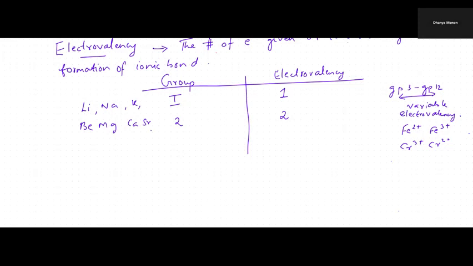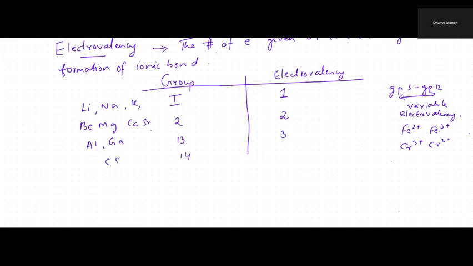Okay. Now, coming to group 13, we have aluminium, gallium, all those elements. They readily give 3 electrons. Okay. Then I have group 14. It consists of carbon, silicon, germanium.